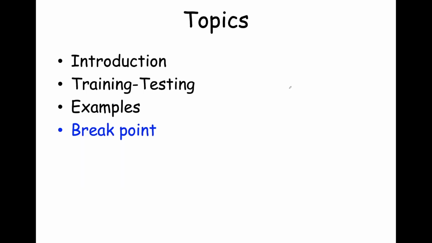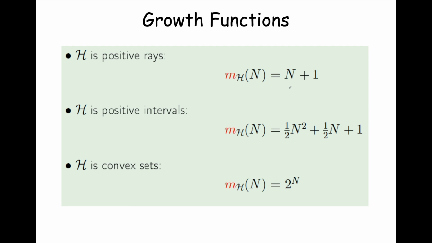Let's consider this last point. We have our growth functions. For the set of positive rays, the growth function in closed form is n plus 1. For the set of positive intervals, you notice it's more complex. The growth function is 1/2 n squared plus 1/2 n plus 1. And then for H being the convex sets, the growth function is that perfect 2 to the n each time.